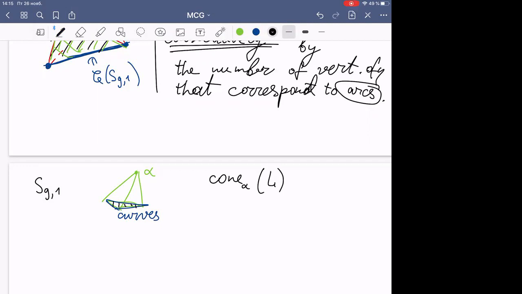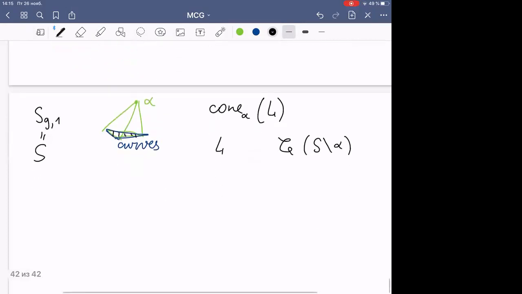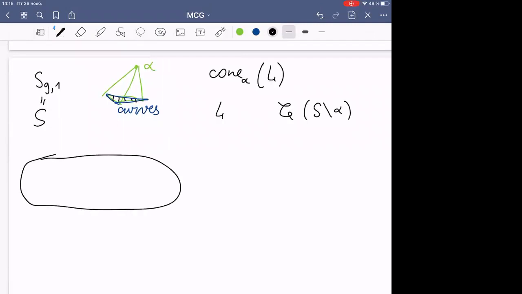And let us try to understand what this subcomplex is. This subcomplex seems to be very similar to the curve complex of S with alpha deleted. Look, how does it look? We take such an arc alpha.